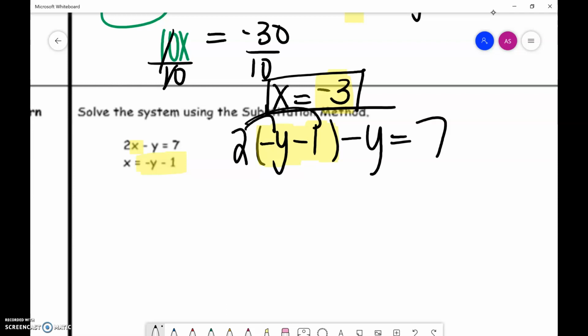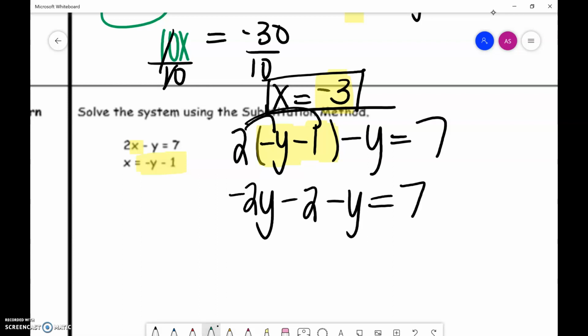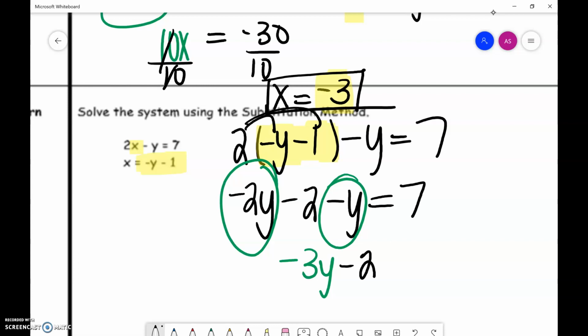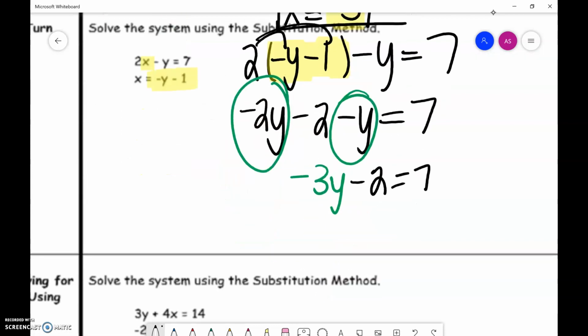So I have 2 times negative y, that's negative 2y. 2 times negative 1, negative 2. Bring down negative y and bring down 7. Then from here, I notice I have like terms. So negative 2y minus y will be negative 3y, minus 2 equals 7.